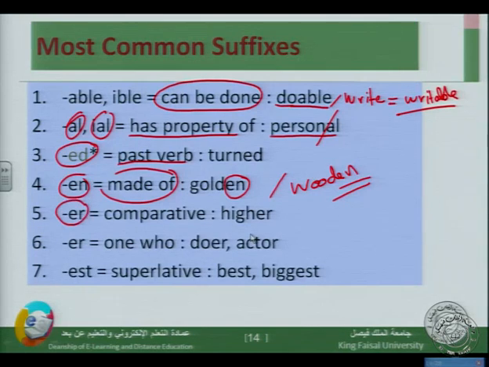Number 5, er, is used for comparative, and we have discussed in the last few classes the comparative and the superlative. With the comparative, we add the suffix er to say that something is more. Er here means more. High, higher.